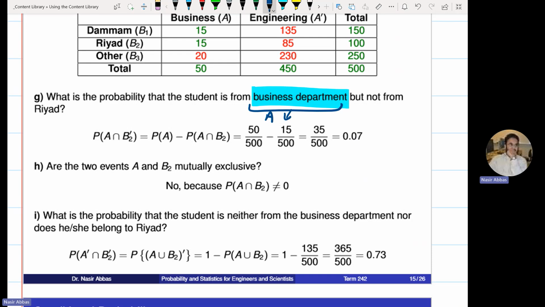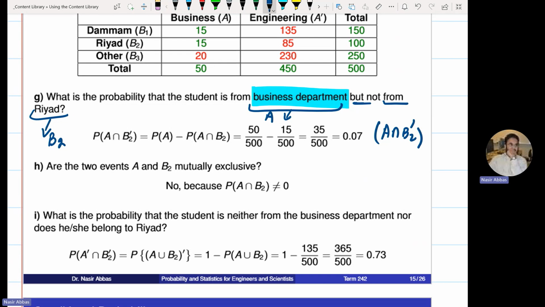Notation A. But from Riyadh, what is not from Riyadh? B2 complement. And here but means and or? You want both conditions to be satisfied or you want either of them to be satisfied? Both. So here but means and. So here you require A intersection B2 complement.